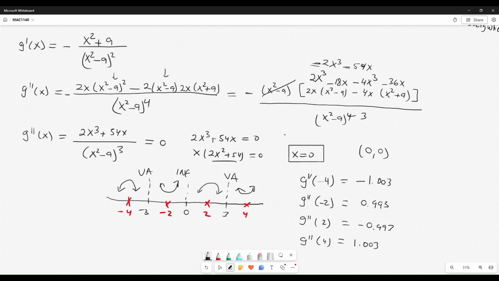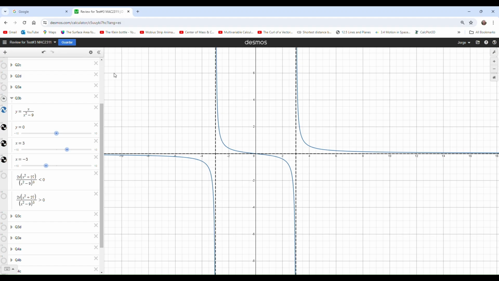Okay, now ready to go to Desmos to verify everything. This is Desmos for this problem. You see the 2 vertical asymptotes and 1 horizontal.